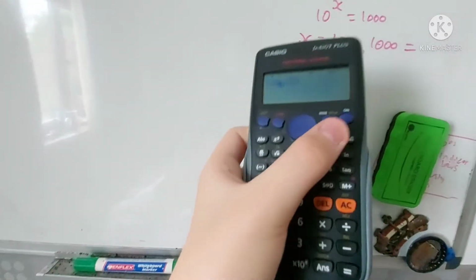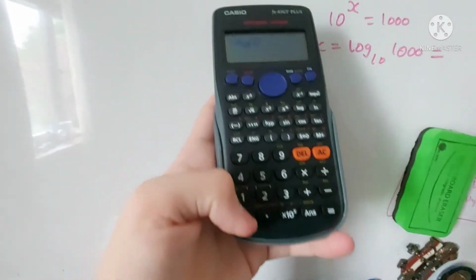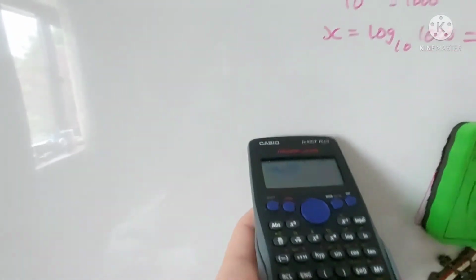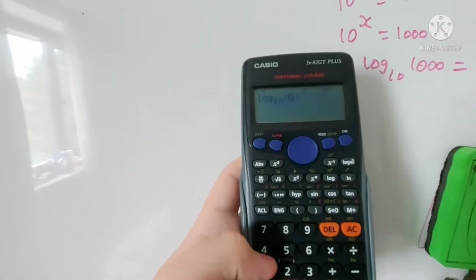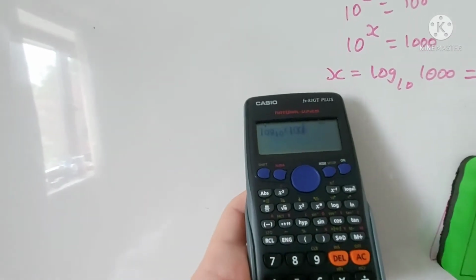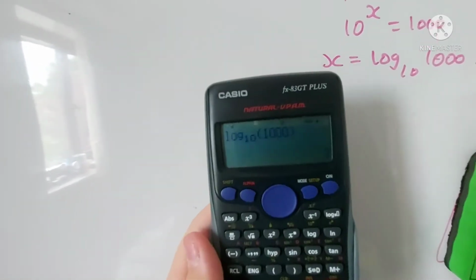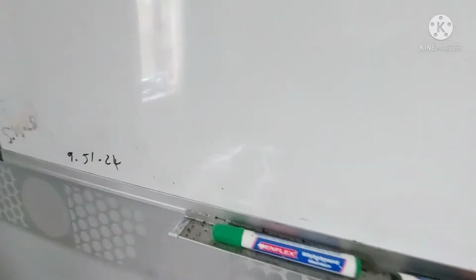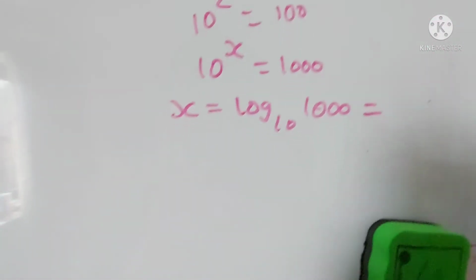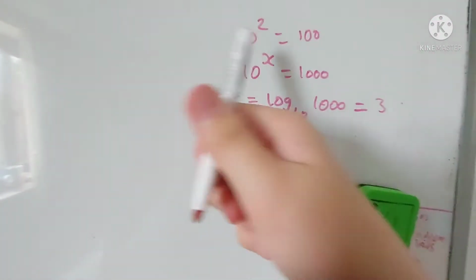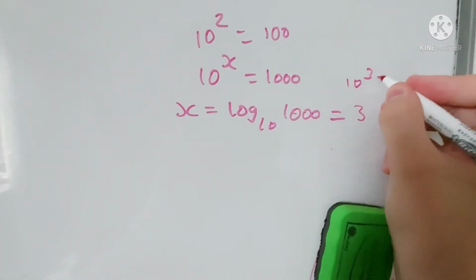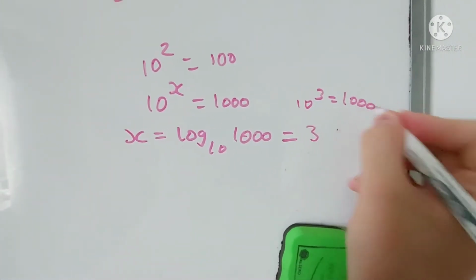You have log base 10 of 1000, and I get 3. So the answer to this would be 3, because you know 10 cubed would be 1000.